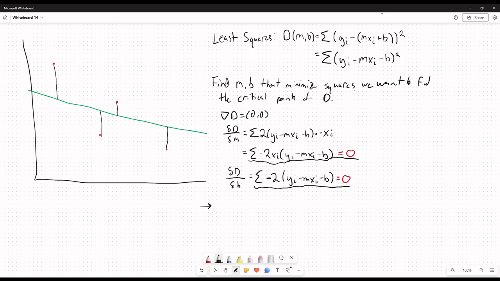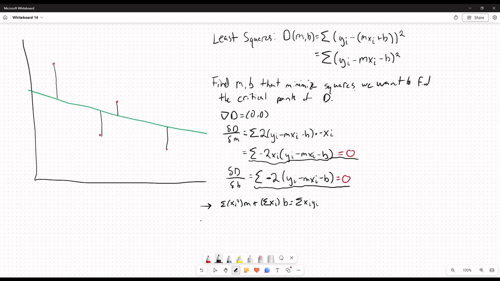So that first equation is going to become: we want the sum of the squares of all the x values, times m, plus the sum of all the x values, times b. We want that to equal the sum of all the x values times all the y values.